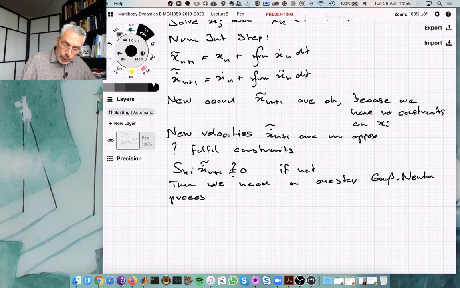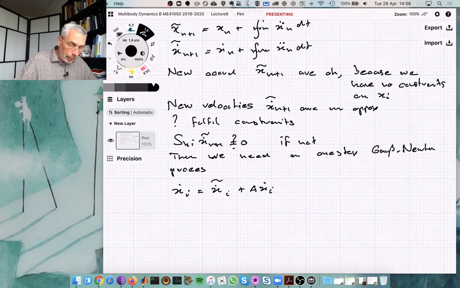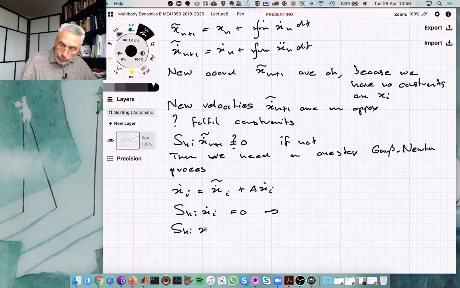Right, so we say, well, the real velocities are these approximate velocities plus some increment, delta x dot. Then, of course, we have the constraint psi x dot should be 0, or in other words, psi x dot slurred plus psi delta x dot is 0.